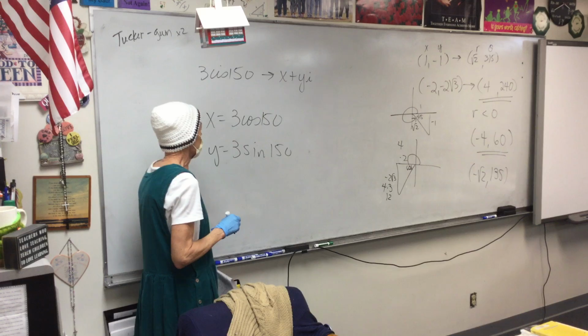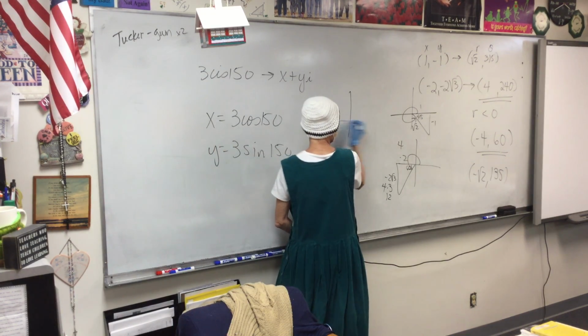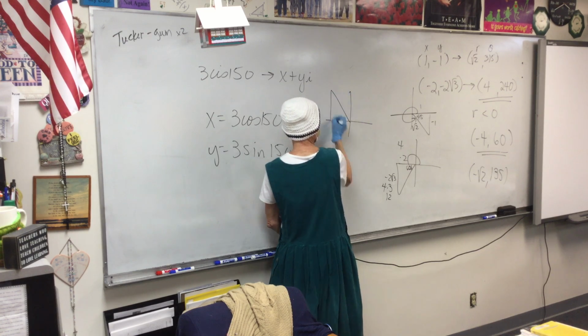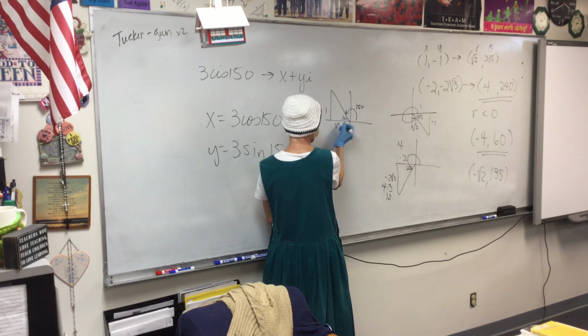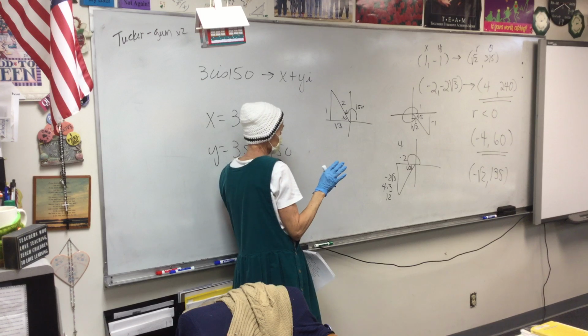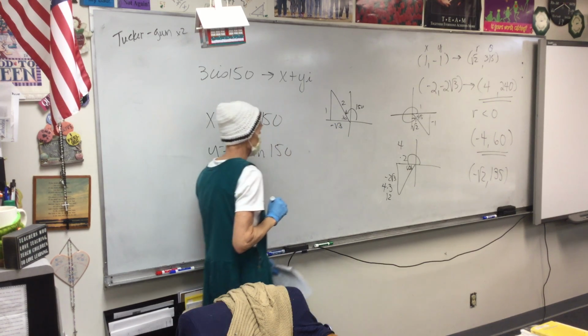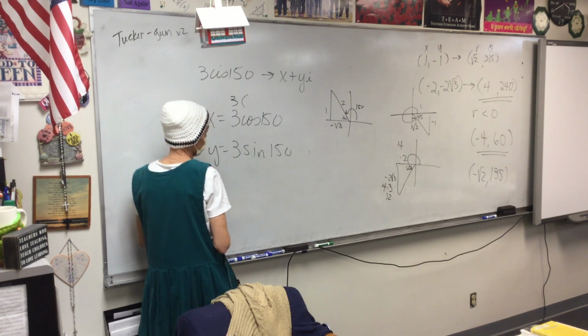Okay. Is 150 special? Yep. So I'm doing it exact. What's the angle? It's a 30. Now, be careful with anything negative. Okay, so now we just plug in. So what's the cosine?